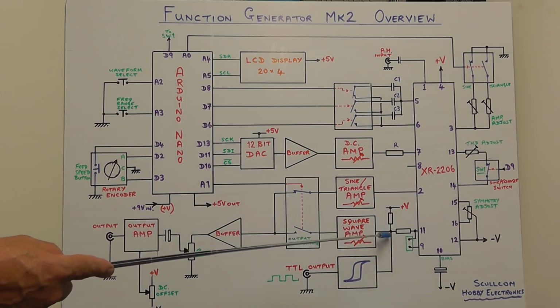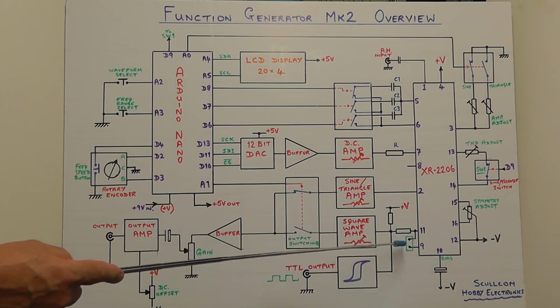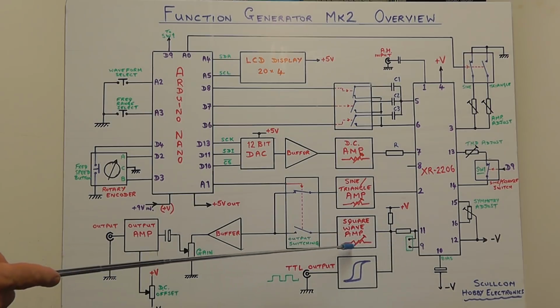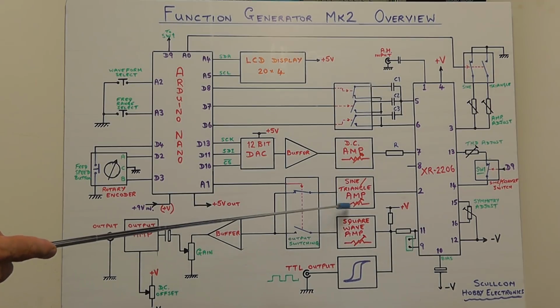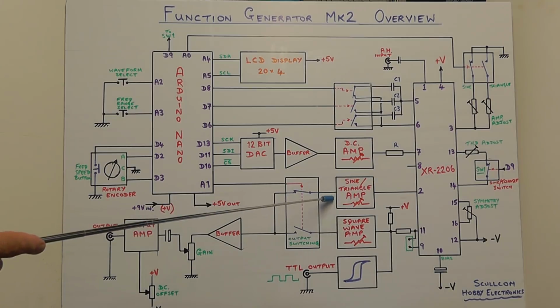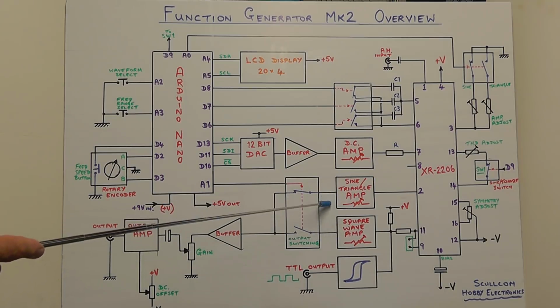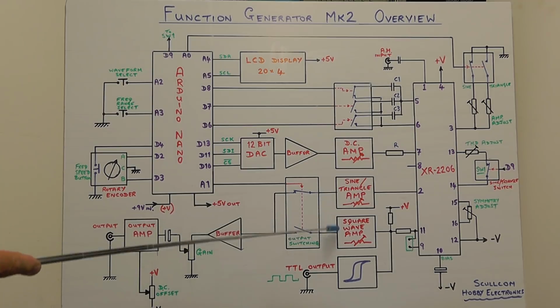We reduce that in amplitude by a potential divider by about 50%. It now goes to a square wave amplifier where we have some adjustment of its gain, so we can match the gain of the output from that with the gain of the output from the sine and triangular waveforms. So the amplitude of the waveforms is kept the same.